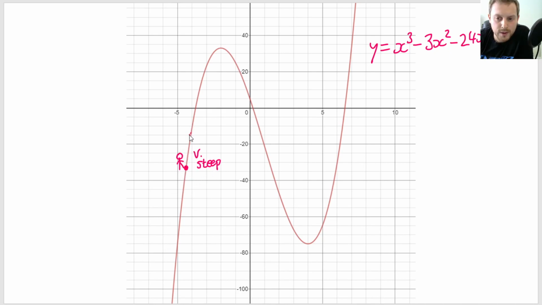And it's also positive because we're going uphill. So the point here is certainly not f dashed equals 0. It's very steep. It's probably some quite big number that we could work out by differentiating this and plugging in what looks to be about x is minus 4.5. So we could do that.